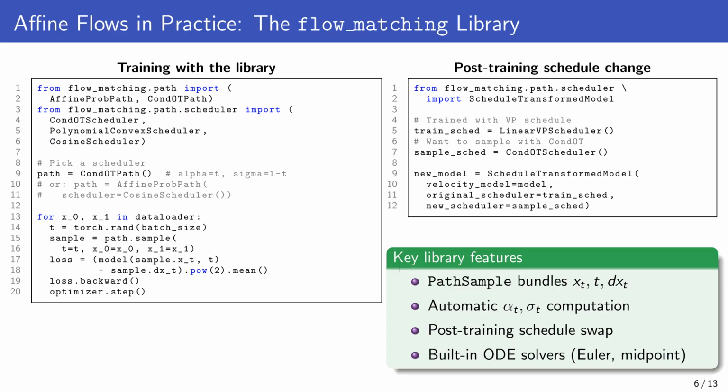You might train with a variance preserving schedule because your dataset works better with it, but then switch to conditional OT at sampling time because it needs fewer steps. Or you might inherit a pre-trained diffusion checkpoint that uses a VP schedule and want to sample with OT paths. The key takeaway is that the library abstracts away the mathematical plumbing and lets you focus on the important decisions: what data, what architecture, what schedule.